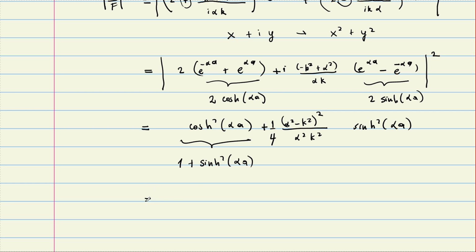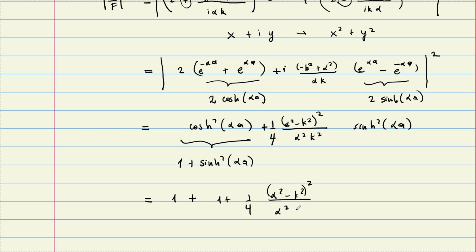So this thing is going to be equal to 1 plus sine hyperbolic squared, 1 plus 1 over 4 alpha squared plus k squared. Okay, there's also a square that I shouldn't forget.